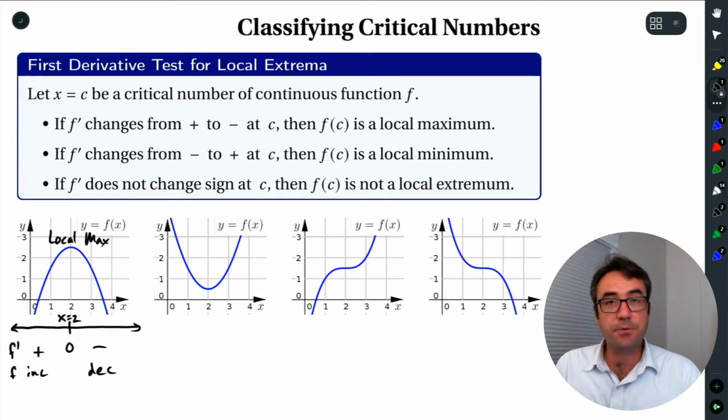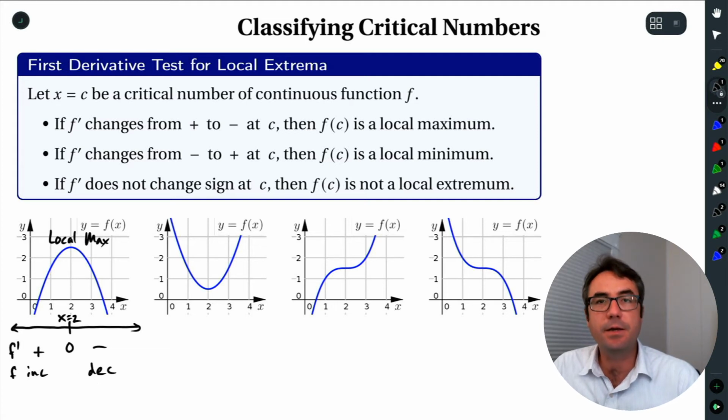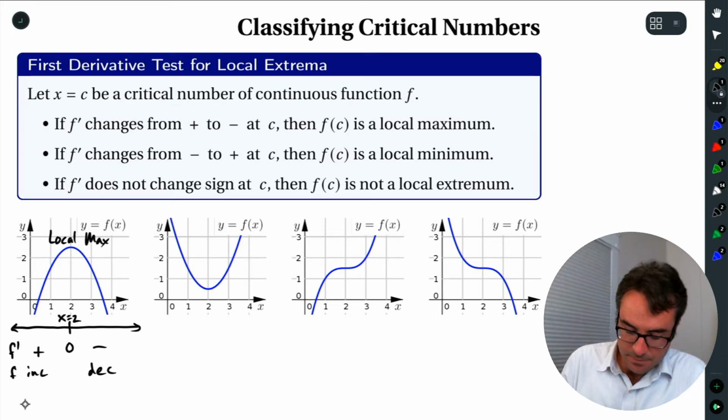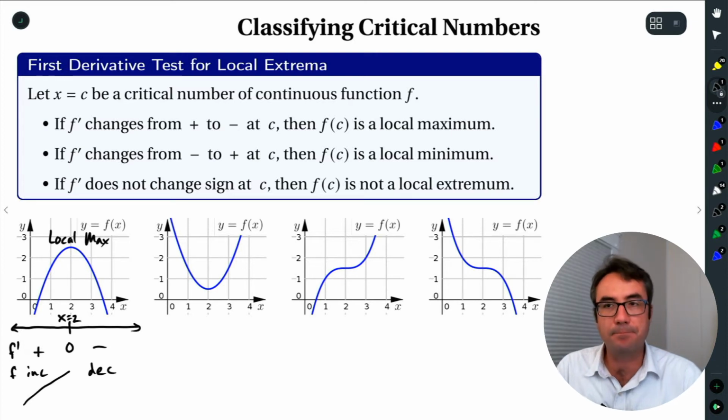And so what this first derivative test says is we would have had this sign chart, and how we can remember this test is once we have our sign chart filled in and we've figured out what f is doing on either side, just draw in what f would look like. So if f is increasing, it's going up. And then at x equals 2, what happens? Well, it changes and it starts decreasing.